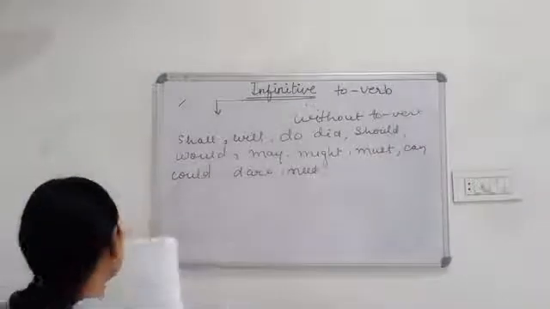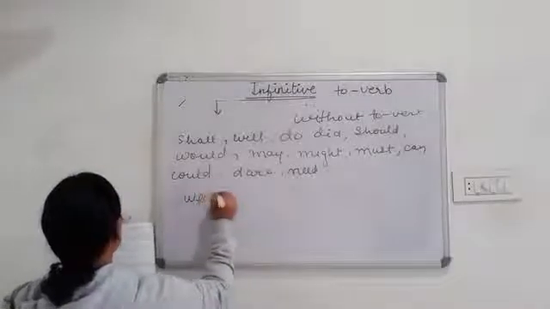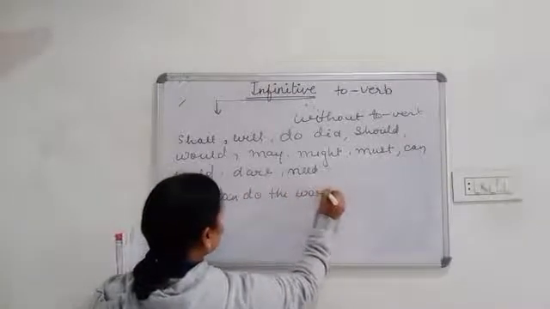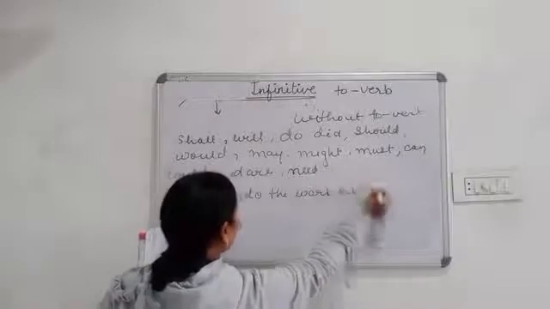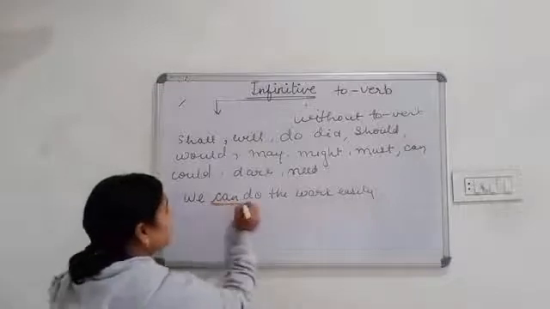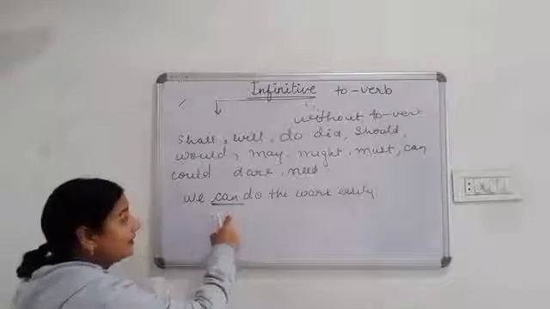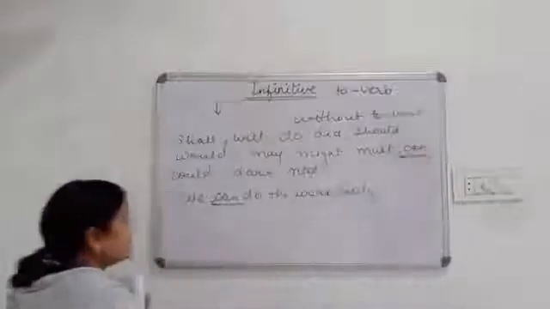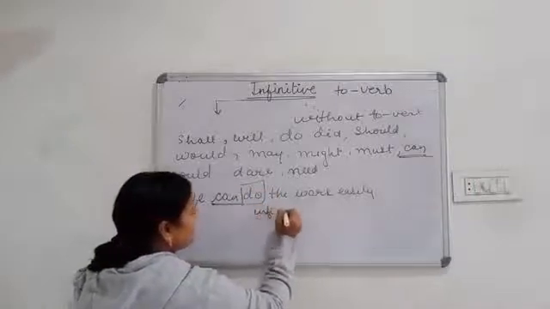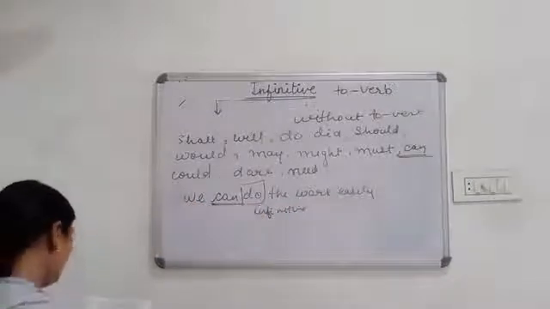Now see some sentences. Example is, we can do the work easily. Okay, now see, we can. So this can is here. A type of helping verb is here, and that's why along with this can, the do will be the infinitive. Now no need to add to in this case. One more example.